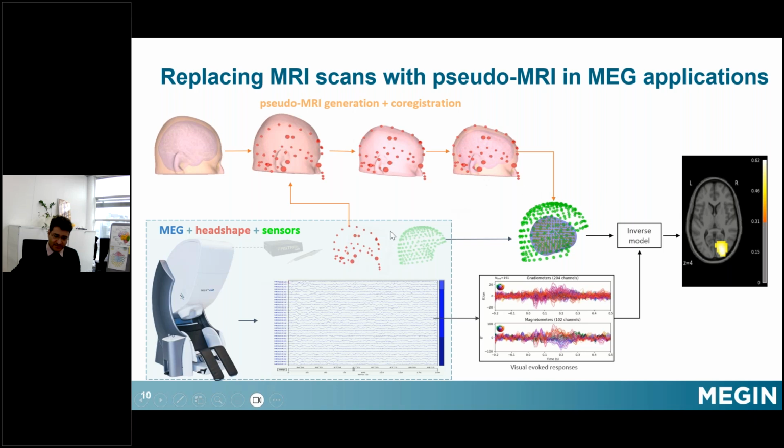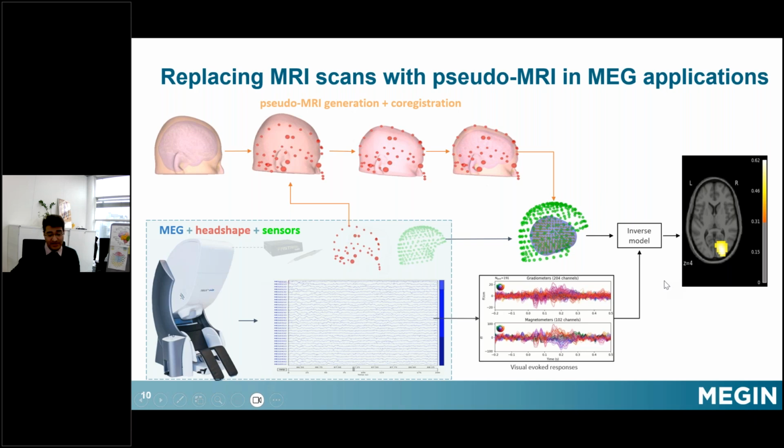You get the data and everything is done automatically. It takes the fiducial points, co-registers, then refines with the head shape data, warps the scalp surface, and then the same warping transform is applied, and the rest of the pipeline is the same.